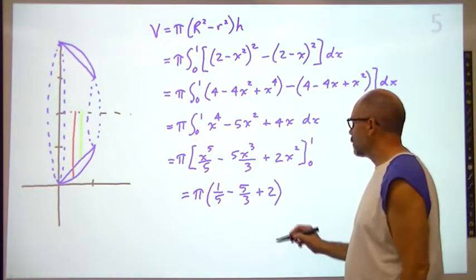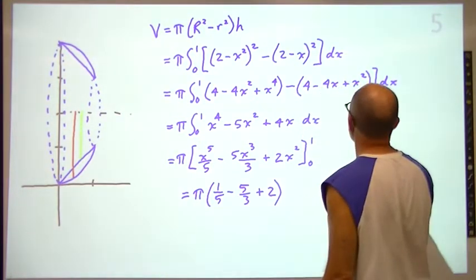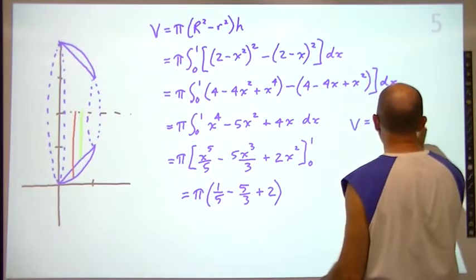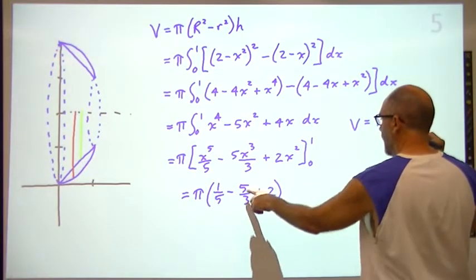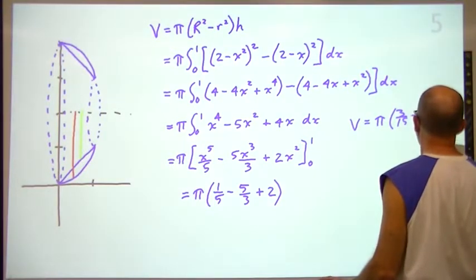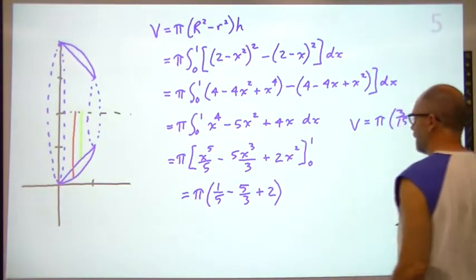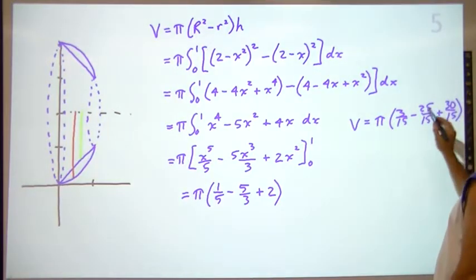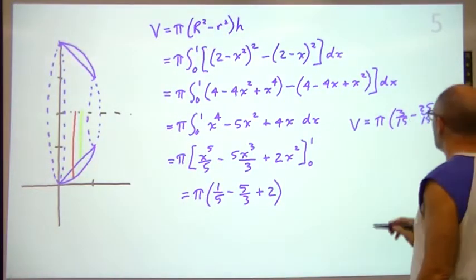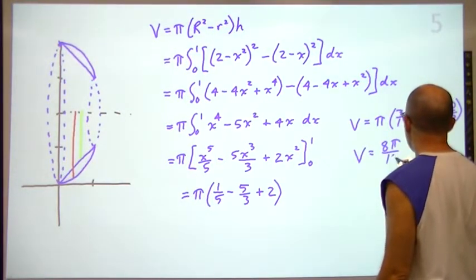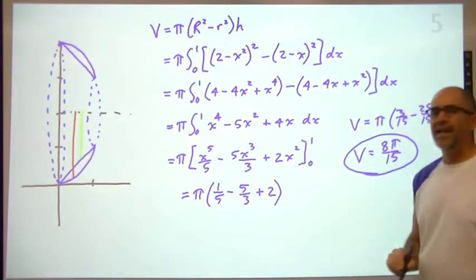So if we turn this into 15ths, we've got pi times 3/15 minus 25/15 plus 30/15. So 30 minus 25 is 5, plus another 3 is 8. So our volume equals 8 pi over 15. Bam! That's it. Game over.